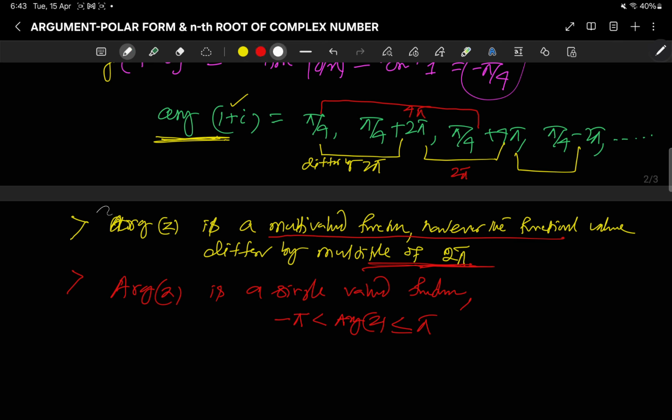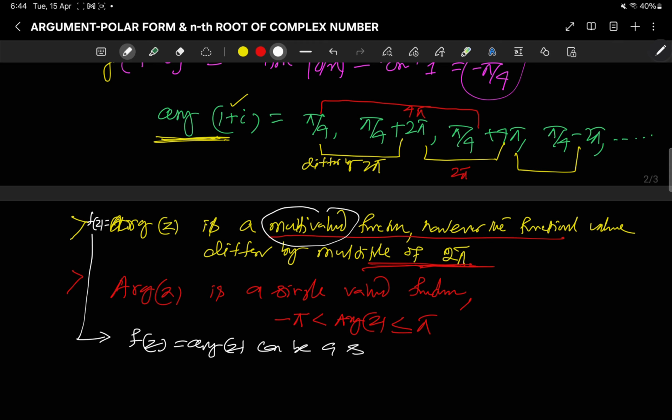So you see, though f(z) equal to argument of z is a multi-valued function, it can also be a single valued function if z is restricted to an interval of length 2 pi.